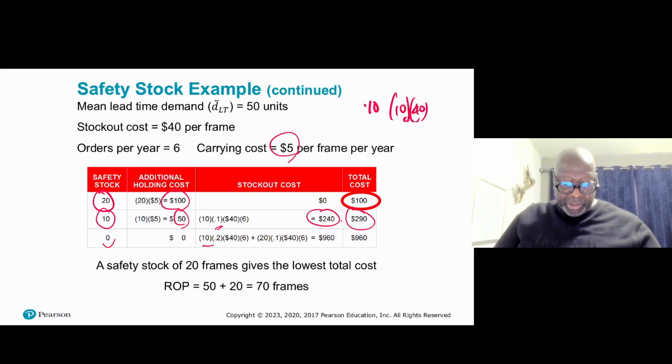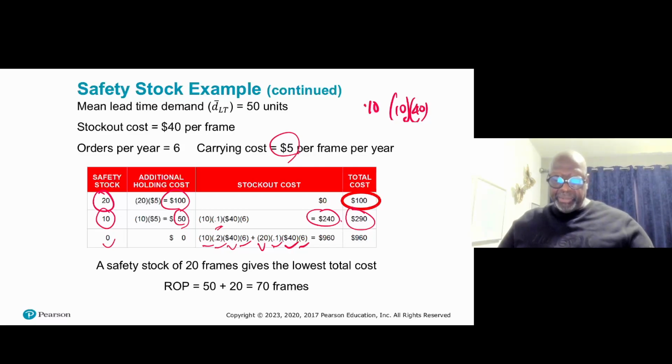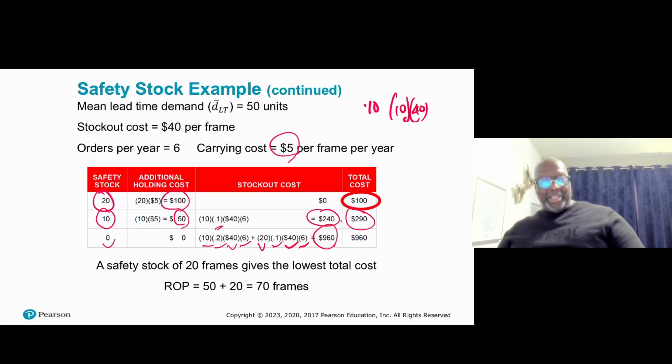So you see 10 units short 20% of the time multiplied by 40, which is the unit stock out cost. And then we're repeating this 6 times a year. Same thing here. Could end up being 20 units short if the demand is 70. There's a 10% chance the demand could be 70. $40 stock out cost, and then 6 times for the year gives us a total cost of $960. So it's very expensive not to have safety stock.